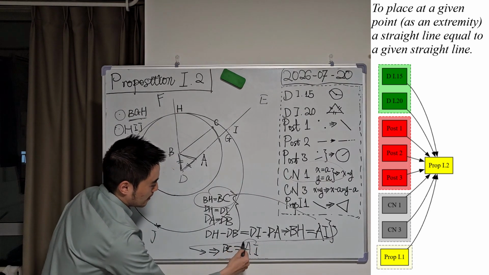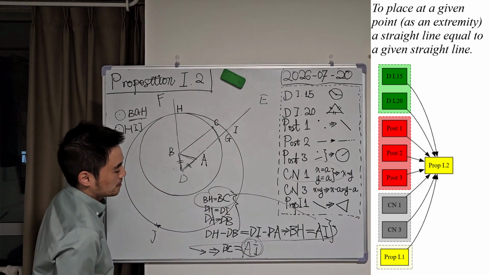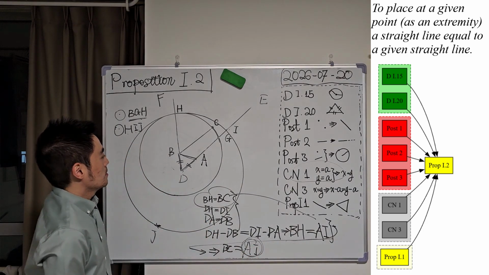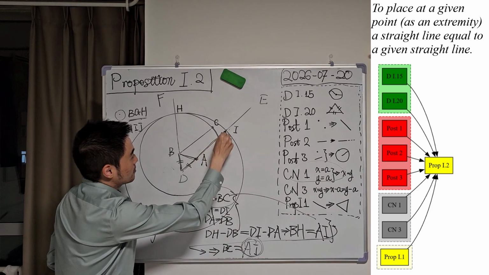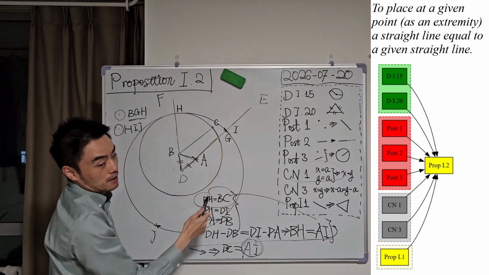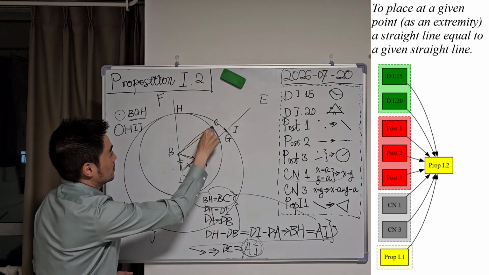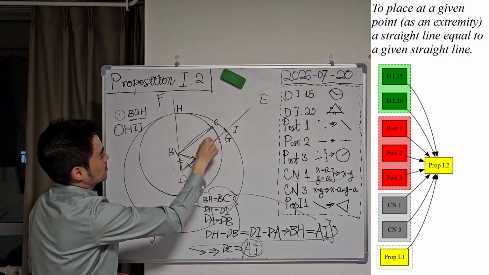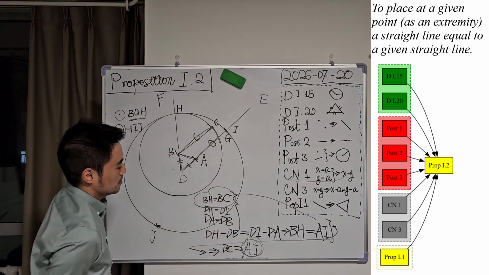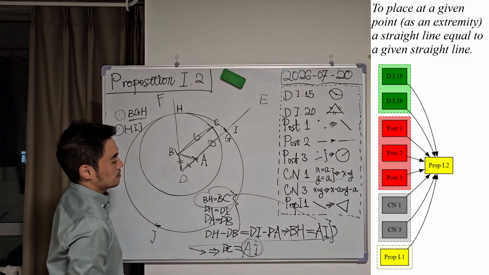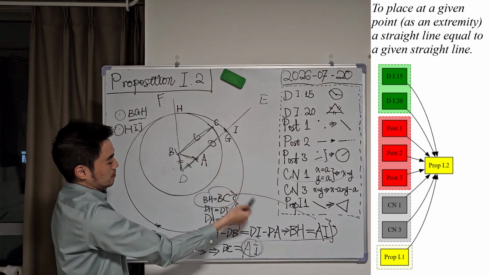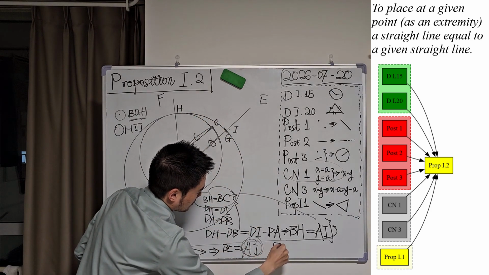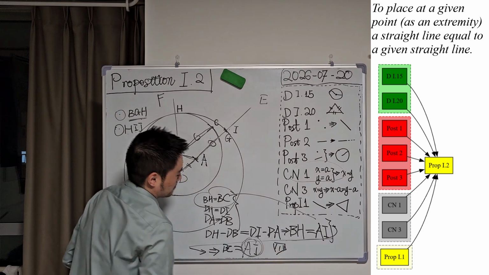So AI is a straight line whose extremity is A and the length is equal to the given straight line BC here. They are equal. So I think this proved that our construction is correct. And this is the end of the proof.